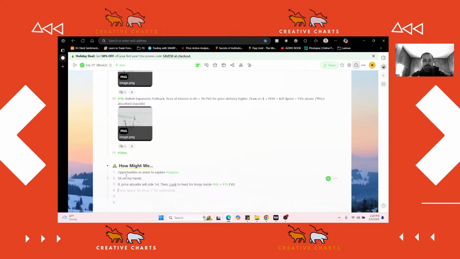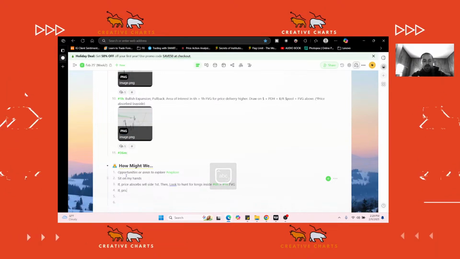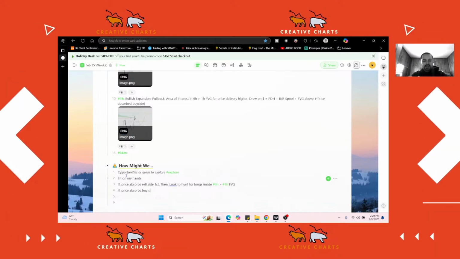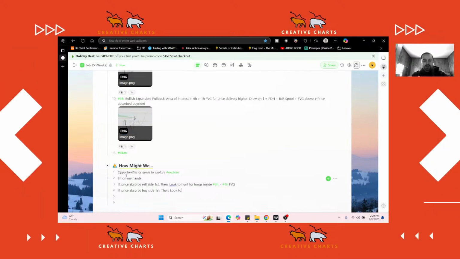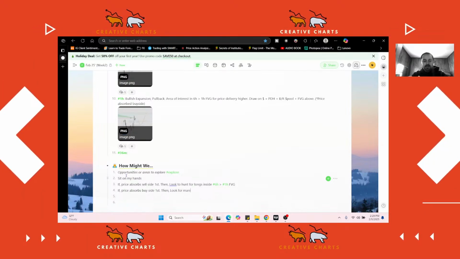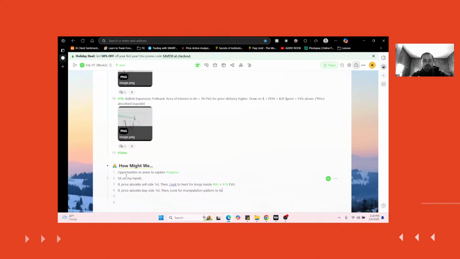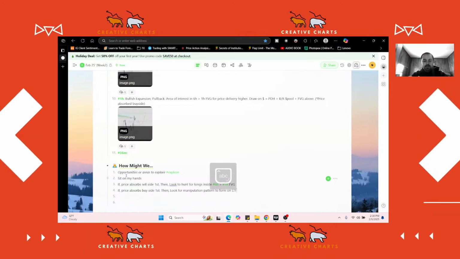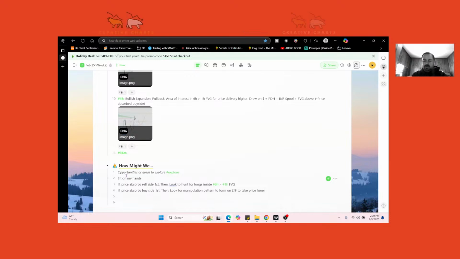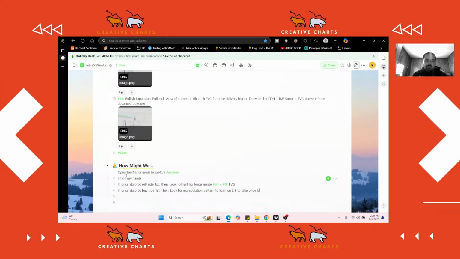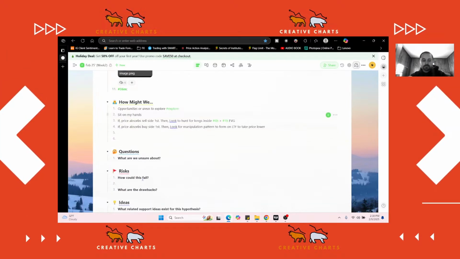If price absorbs buy side first, then look for a manipulation pattern to form on lower time frame to take price lower. That's it. That's all I'm waiting for. That's all I'm doing at this point.